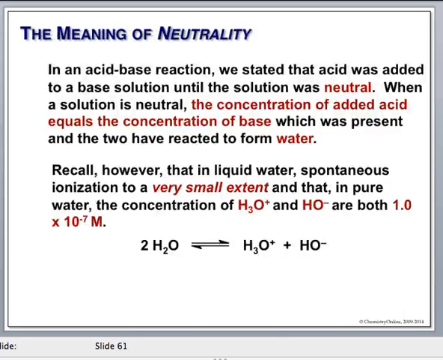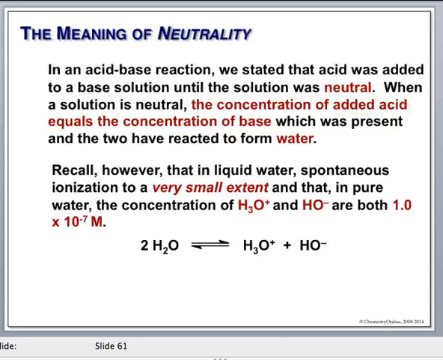All right, well, we just formed water, didn't we? But way back earlier in the chapter, we said that anytime you have pure water, you actually always have hydronium and hydroxide. So when we talk about a neutral solution, it's not just salt and water.